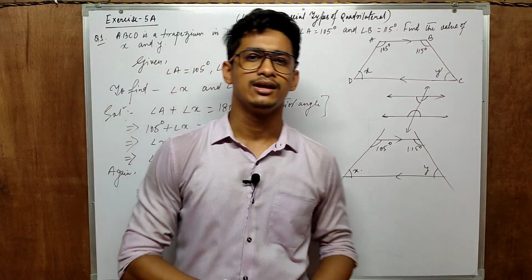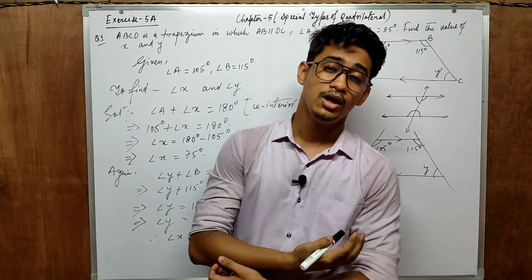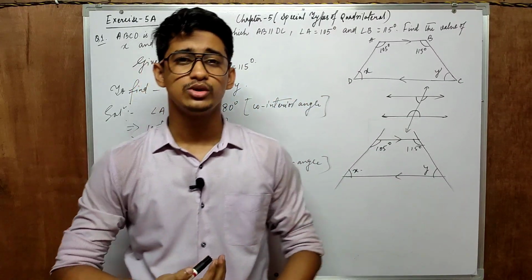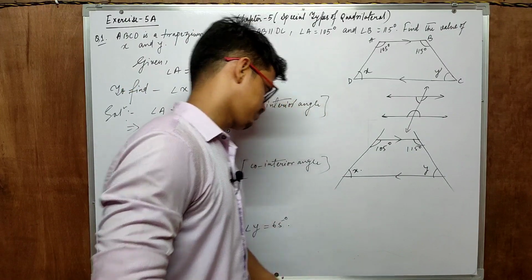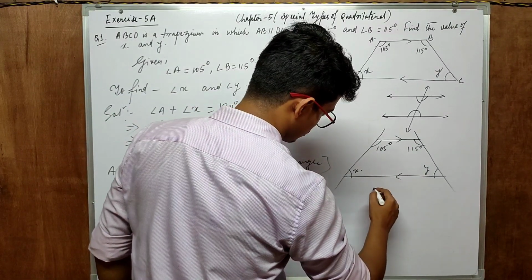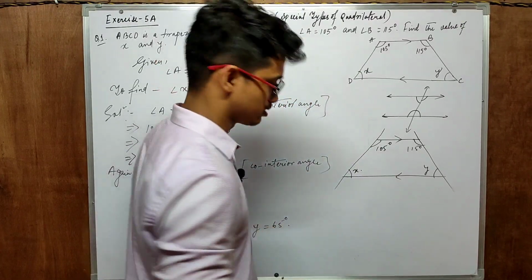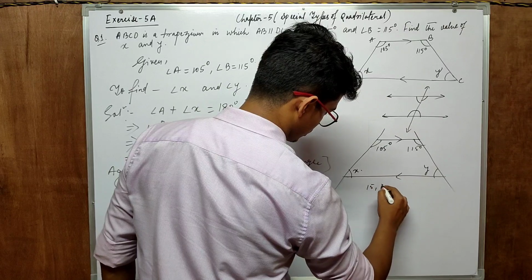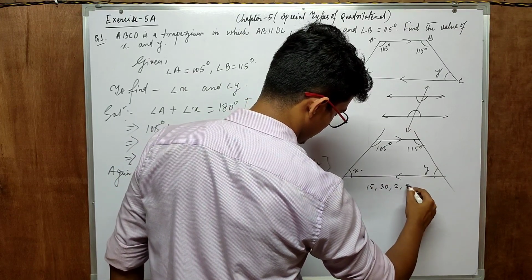One more thing: when I was checking the answer sheets of the students of class 8, one thing I found is this. Let's say, arrange these numbers in ascending order: 15, 30, 2 and 95.